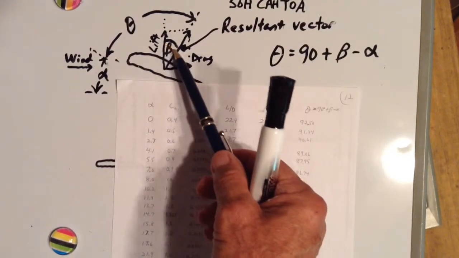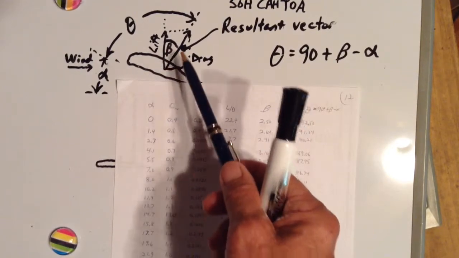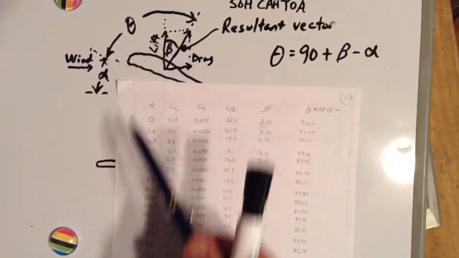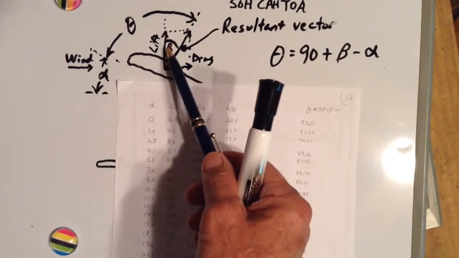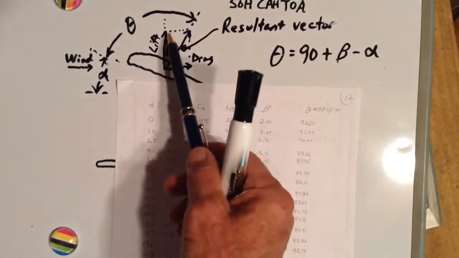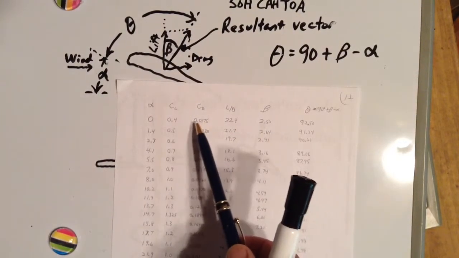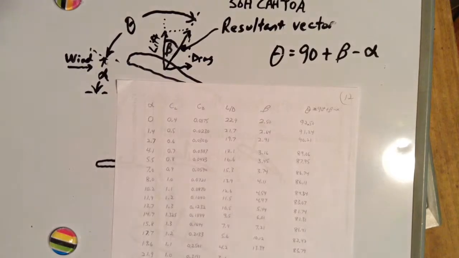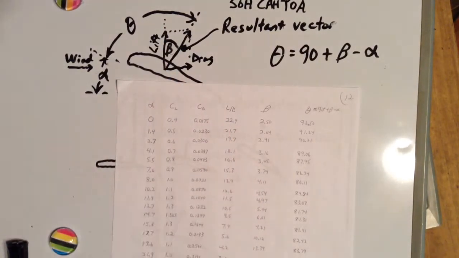If we already knew this angle, we could just punch it into our calculator and hit the tan button, and it would tell us what that over that is. But that's not the case. We know what that over that is, and we don't know what that is. We know that for this first one, coefficient of drag would be 0.0175. And we know that would be the coefficient of lift, which is 0.4.